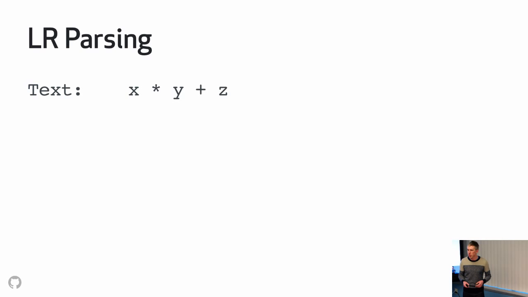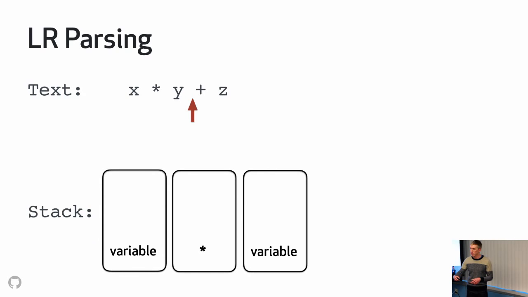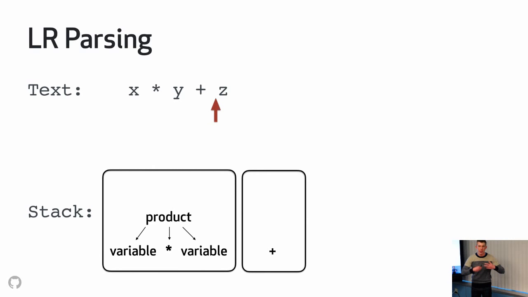And the same thing for the next two tokens. Then when it gets to the plus token, it sees the other type of action in the parse table called a reduction, and that means that it needs to pop these three nodes off of its stack, group them into a new parent node called a product, and push that back onto the stack in their place. And then so on, and the same thing for the sum node. So that's the basic idea.